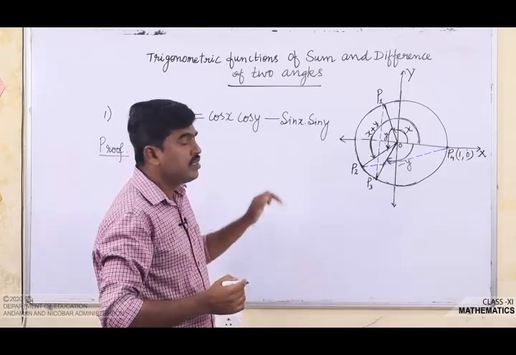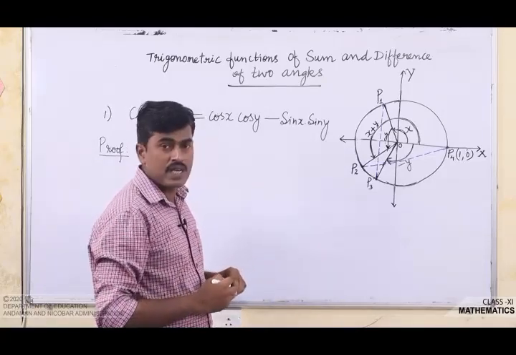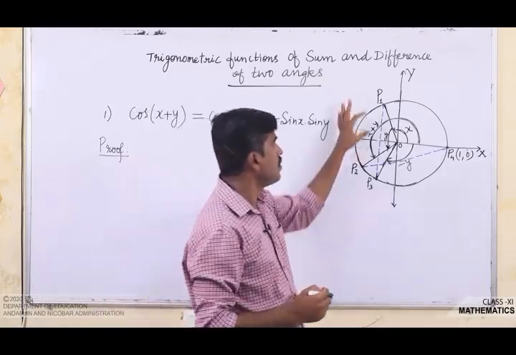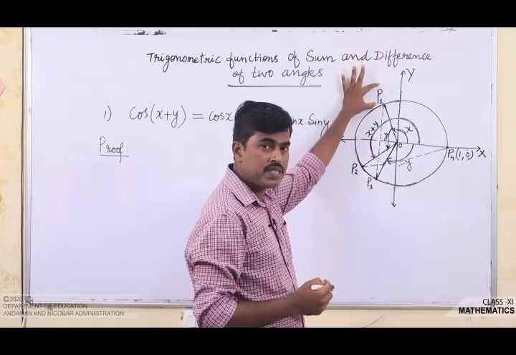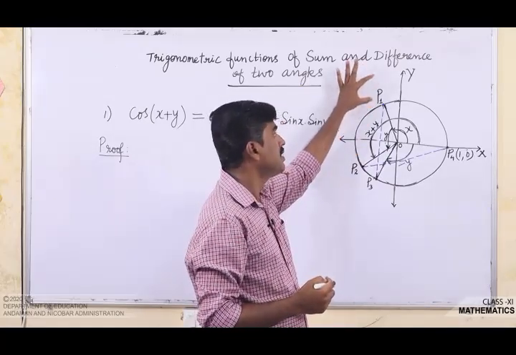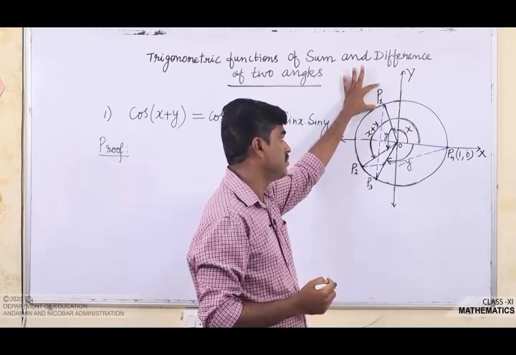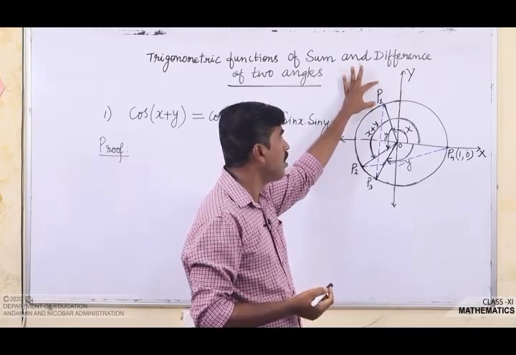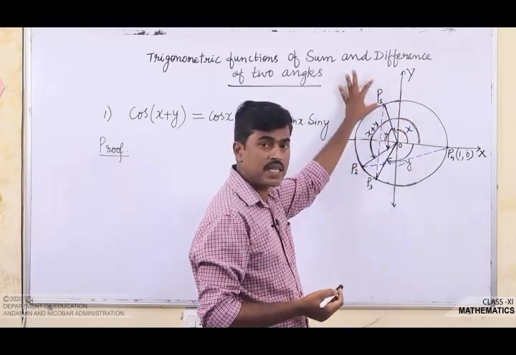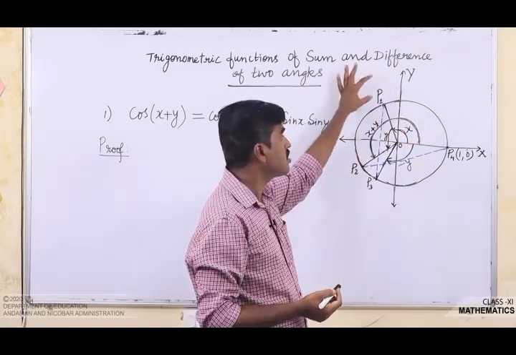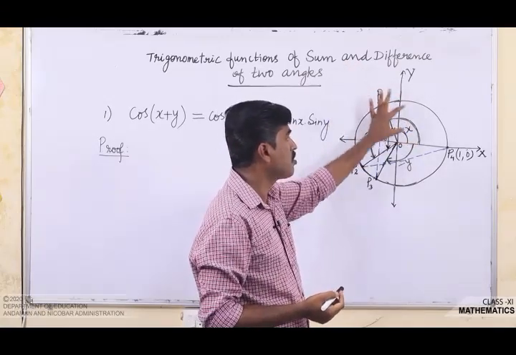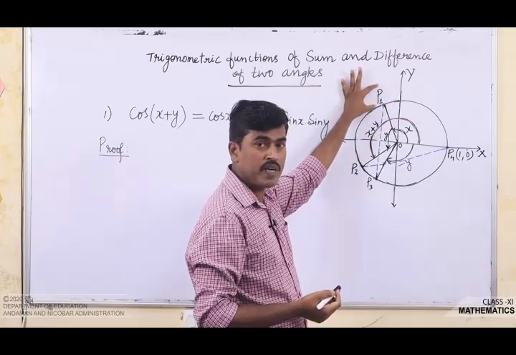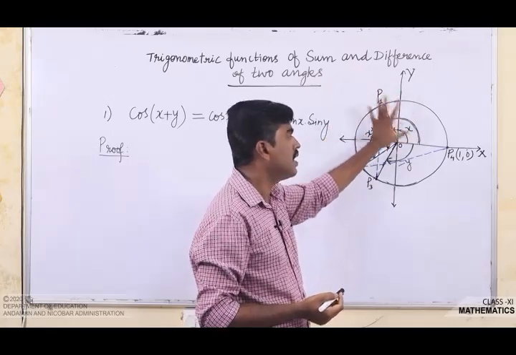Okay. Now I told you in the previous class, if P1 is a point on the circumference of the circle then the coordinates of this point can be represented in terms of cos of the angle x and sine of the angle x. The x coordinate is represented by cos x and the y coordinate of the point P1 is represented by sine x.